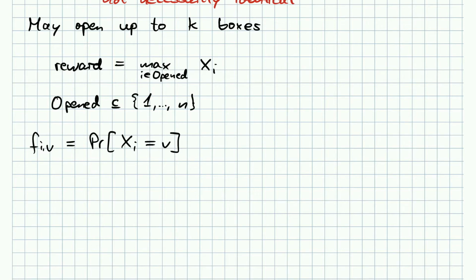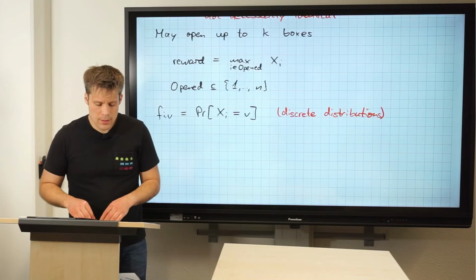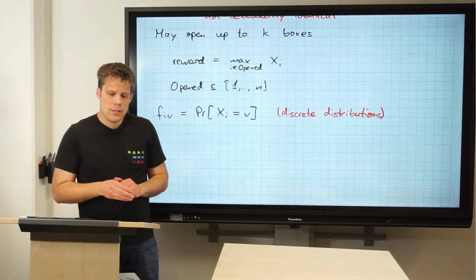So for simplicity, we'll assume that those are discrete distributions, just to keep our calculations simple. In general, the approach that we are taking would also work for continuous distributions.